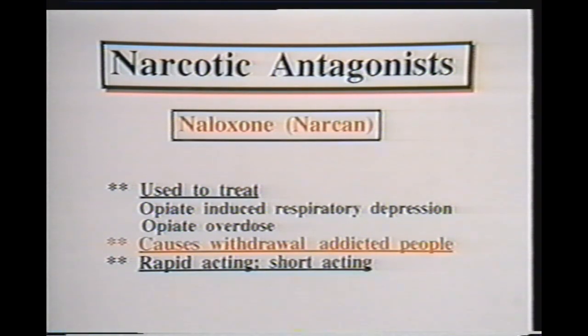It actually blocks the opiate receptors in the brain, so that if the patient is an addict, they will go into immediate withdrawal symptoms when you give them Narcan. You need to remember that it's quick-acting, will save lives very quickly, but it's also short-acting. So you need to continue to monitor respirations, and sometimes they need a second dose of Narcan until the narcotic has worn off.